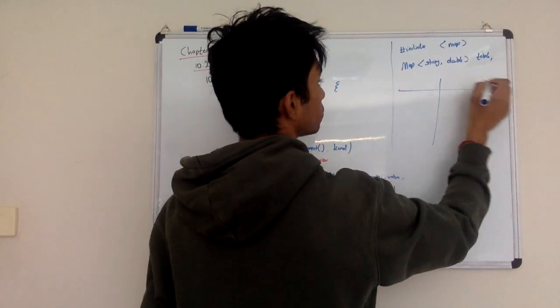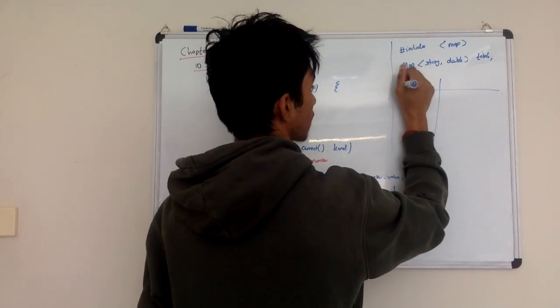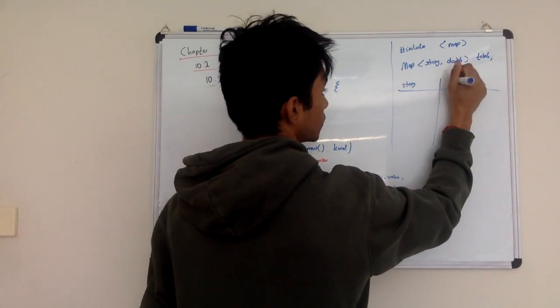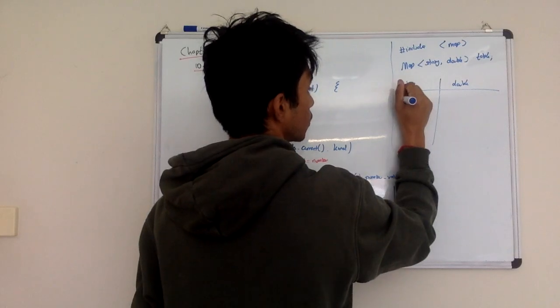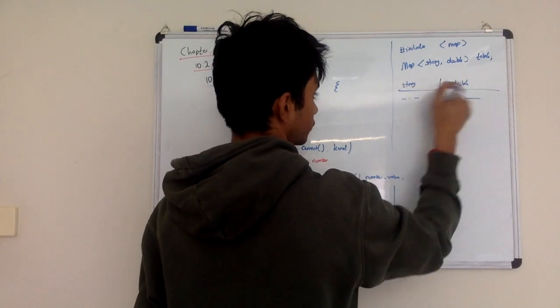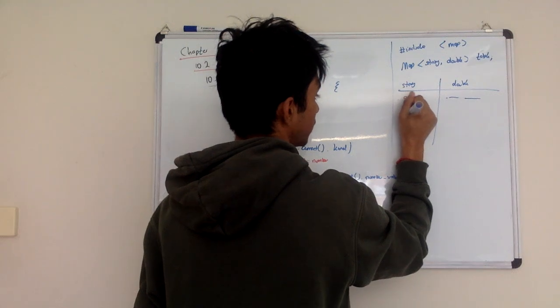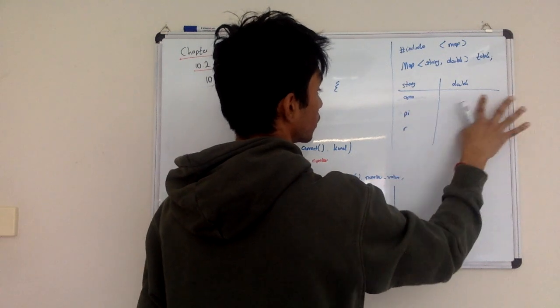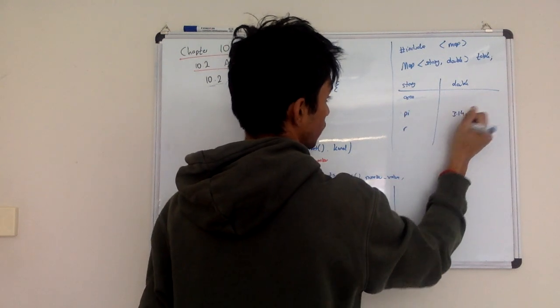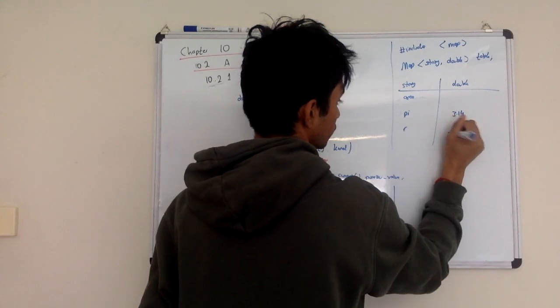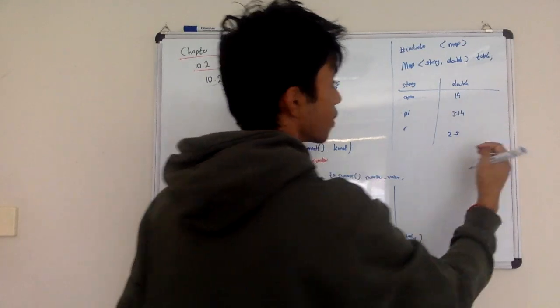But we're going to make a table that basically has a string value on this side and a double value on this side. And we're going to put names on this side, like area and pi and r. And on this side, put their corresponding values. 3.14, I think this is 2.5, this is like 19 or something, right?